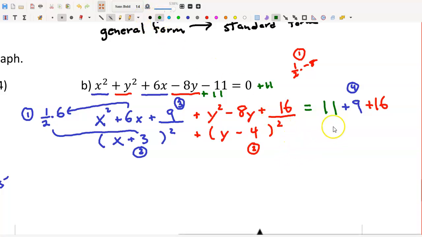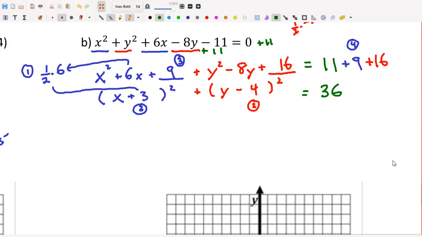And lastly, we can add all those numbers together on the right-hand side, and that is going to be your r squared, 36. So there is your standard form, general to standard form. Okay, and then of course you can go through and graph it and get everything you need to down here. But this is what you're going to be doing an awful lot.